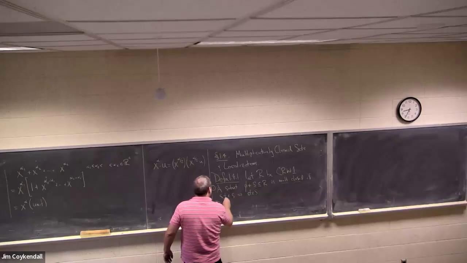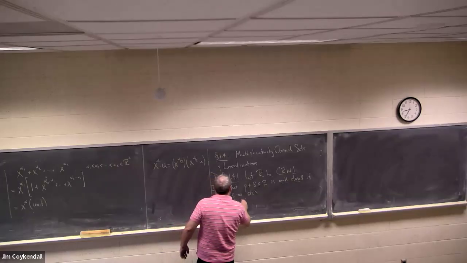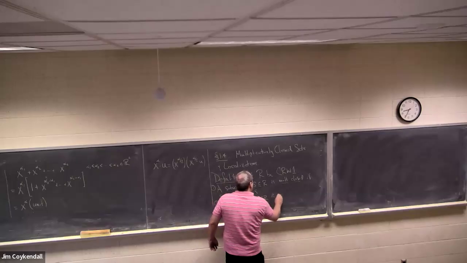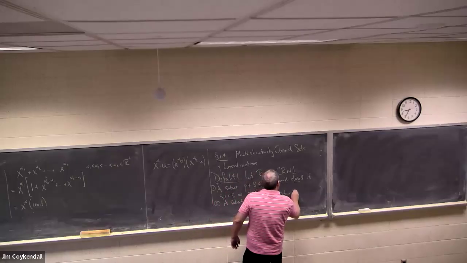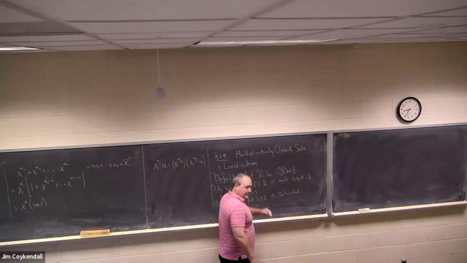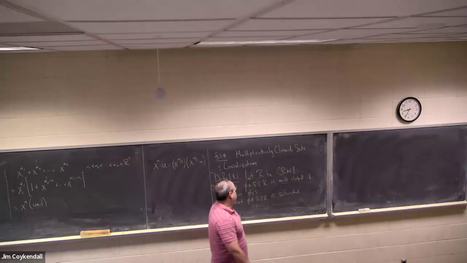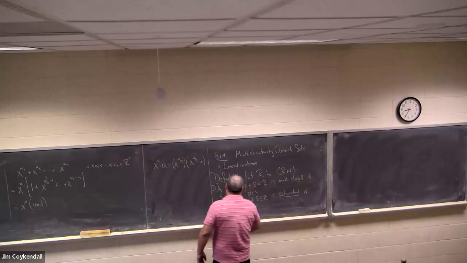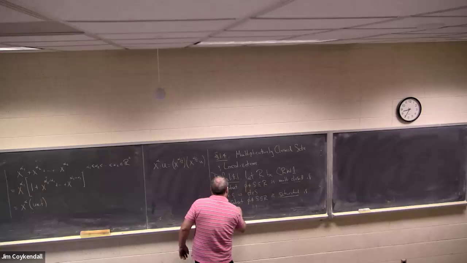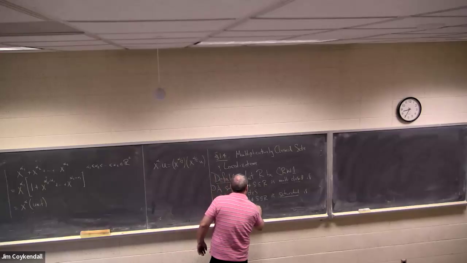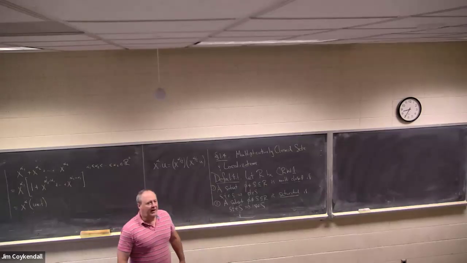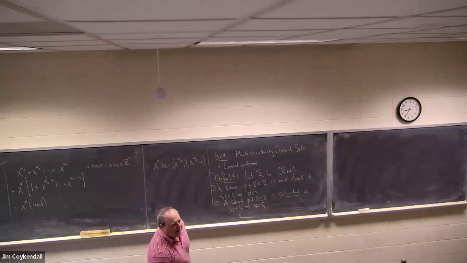Let R be a commutative ring with one, and let S be a subset, not empty. S is saturated if st in S implies s and t are in S. This is kind of the dual notion, if you will. So in other words, it's a saturated set if it contains all its divisors.